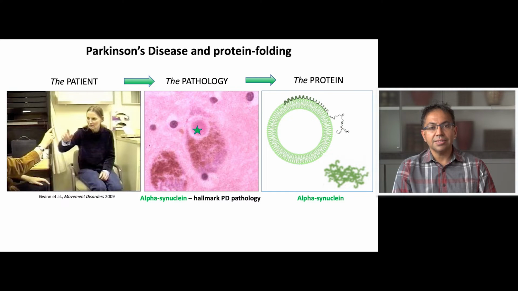It comprises abnormally clumped protein. And one of the main proteins that is clumped in this Lewy body is a protein called alpha-synuclein. In fact, the woman you're seeing on the left has a mutation in the gene that encodes for alpha-synuclein. Alpha-synuclein is a key player in Parkinson's disease and related disorders.